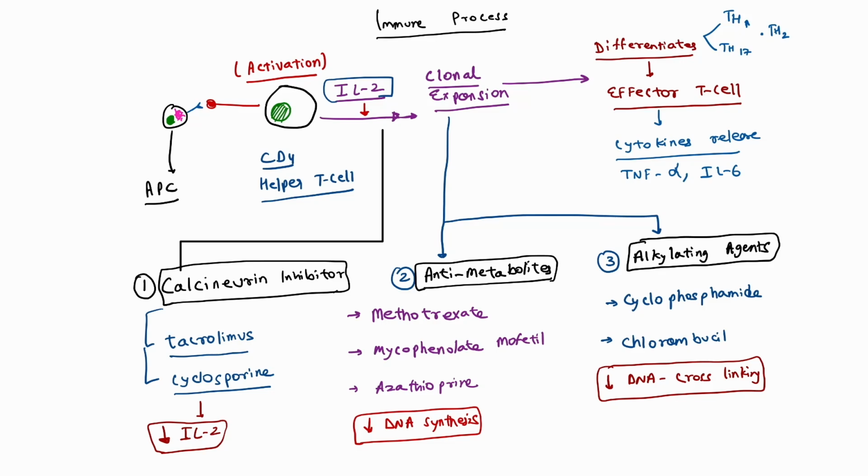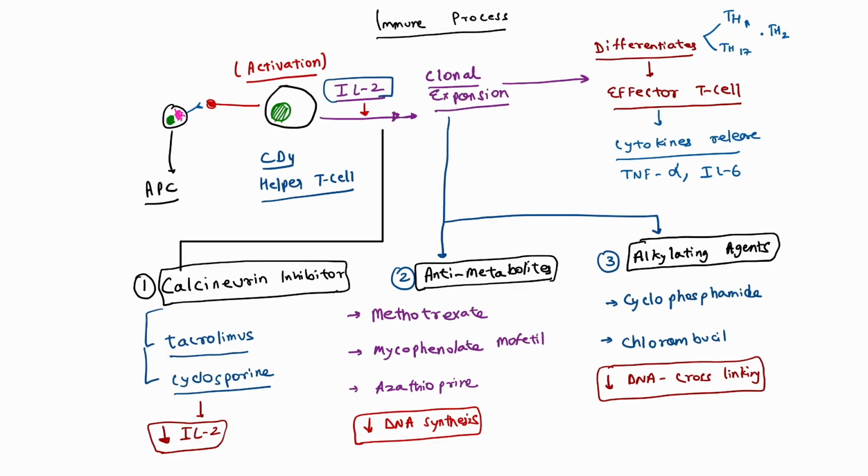So first, remember calcineurin inhibitors are cyclosporin and tacrolimus. These are widely available. They work by blocking IL-2. They block the T cell activation signal, so they will reduce IL-2 production. If IL-2 is less, then there will be less clonal expansion of the CD4 cells.